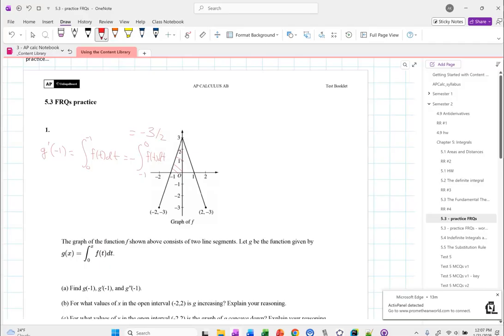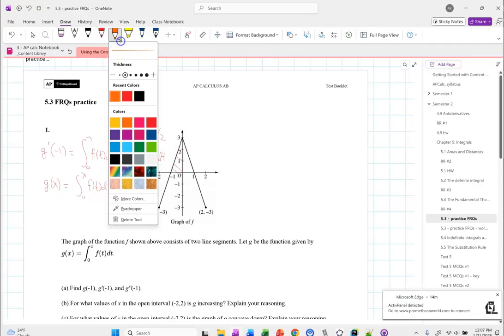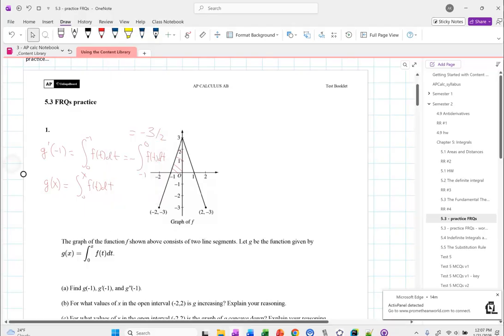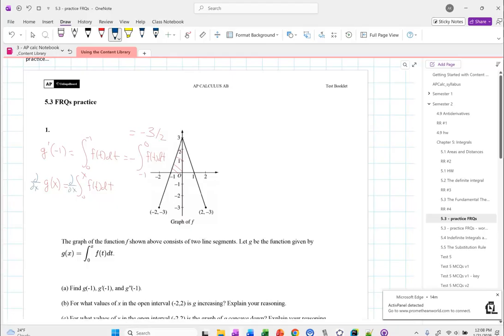Okay. So now let's look at g prime of 1. Well, I know that g of x is this, right? If I want g prime of x, I'll just do the derivative to both sides. What's the derivative of that integral?